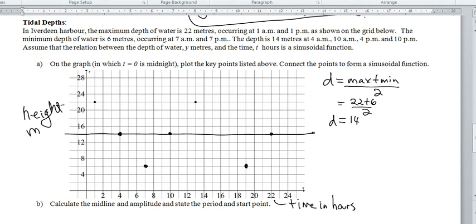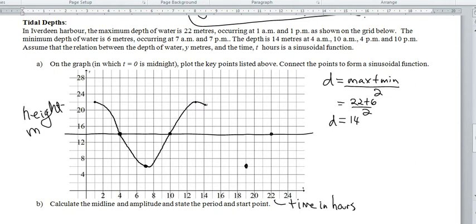Its sinusoidal happens in 4 parts. In this case, we're going from the maximum to the middle, from the middle to the min, from the min back to the middle to the max. This will be one complete period, right? And we want to sketch it out sort of sinusoidally.